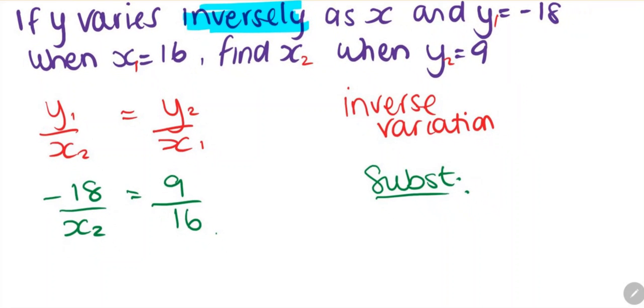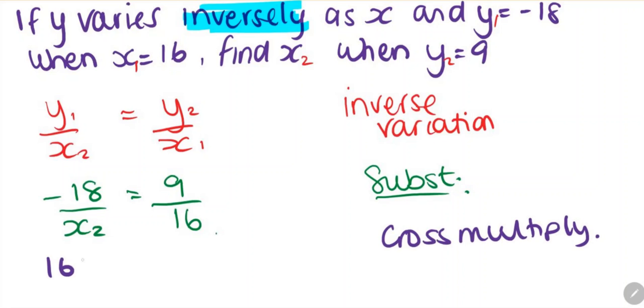I'm going to cross multiply. So I'll have 16 multiplied by minus 18, and I'll have 9 multiplied by x2.